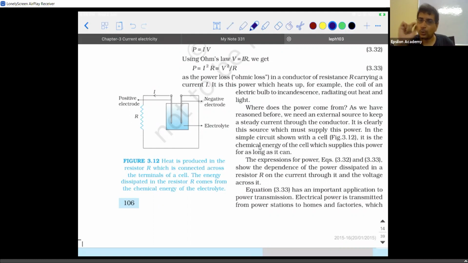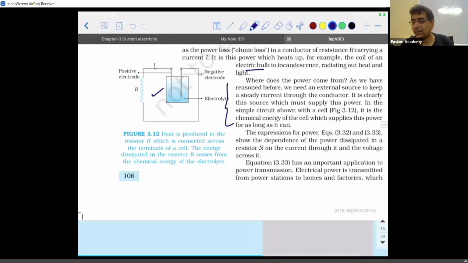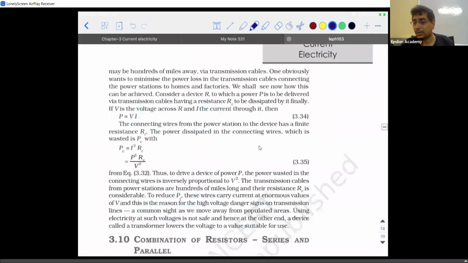When I explain that, you will be able to relate to it better, because they are asking certain questions. See, where does the energy for the electric bulb come from? It is coming from some energy conversion. The chemical energy is getting converted to electrical energy, and that is what is providing the necessary energy for the bulb to glow. So it's all about energy conservation that they have given here. If you read this part itself, you will be able to understand.